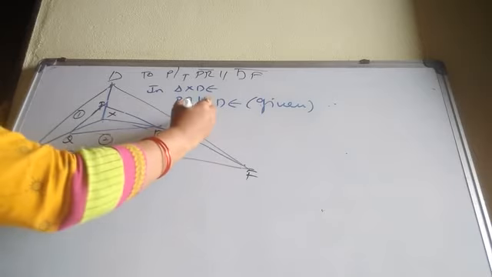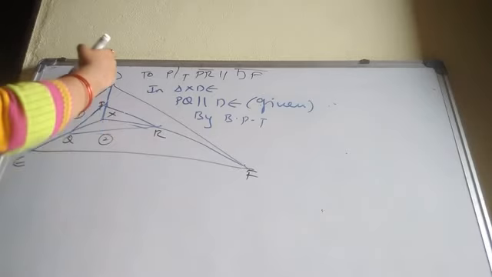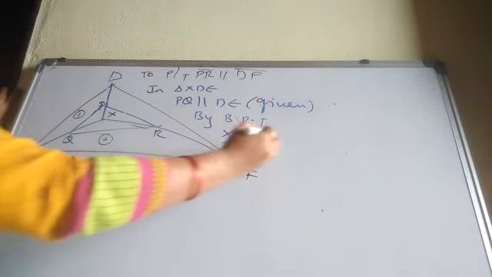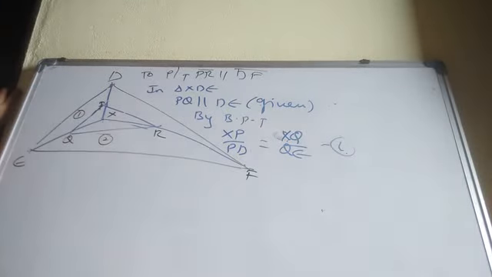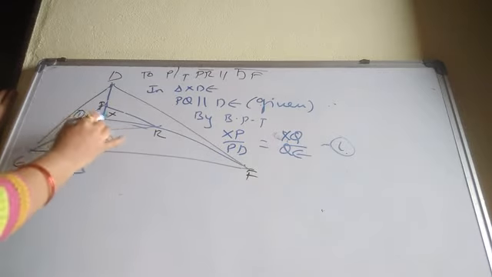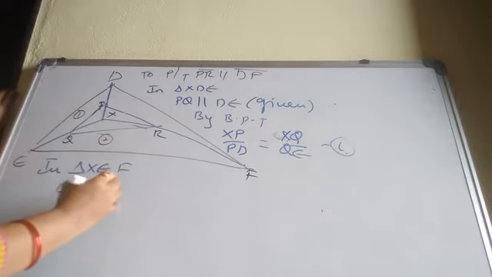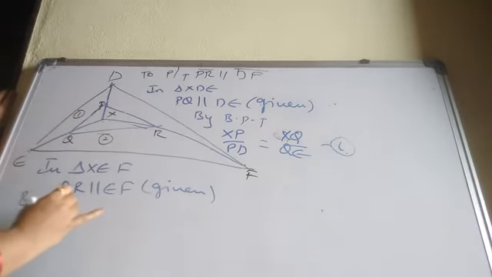Now by BPT, first condition is XP upon PD equal to XQ upon QE. This is condition number 1. How did we get it? Basic proportionality theorem in a triangle, he has given a parallel. Now second condition. In triangle XEF, QR is parallel to EF. This is also given by BPT.